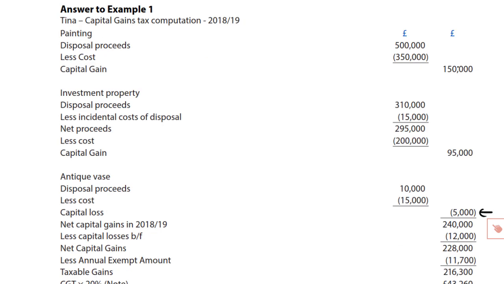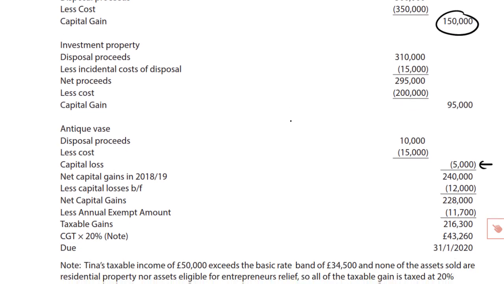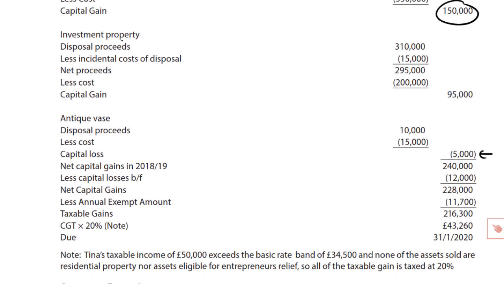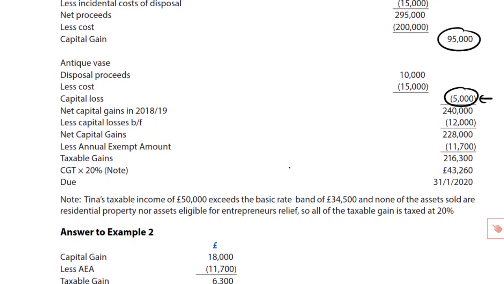Our painting disposal, £150,000 gain. The investment property, remember that was a commercial property, not residential. And that gain, 95,000. The loss on the antique vase 5, there are the net gains of the year, 240,000.